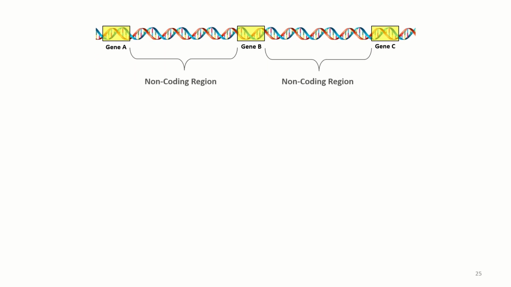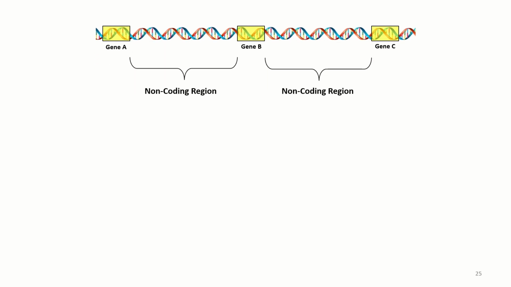And besides the genes, most parts of the DNA strand are classified as non-coding region. Non-coding regions are not translated into amino acids of protein, but they play a role in the control of gene activity, meaning they help determine when and where certain genes are turned on or off, and they are also important for the protein assembly process.